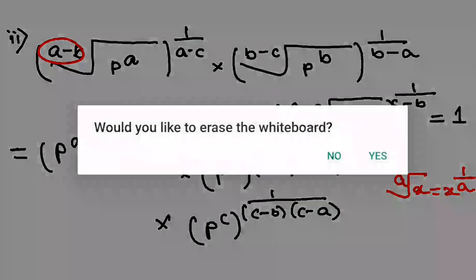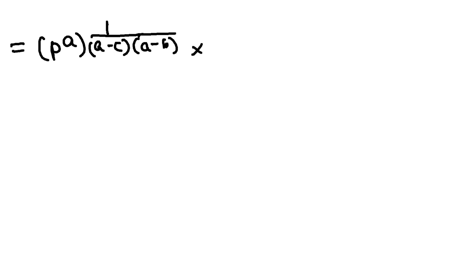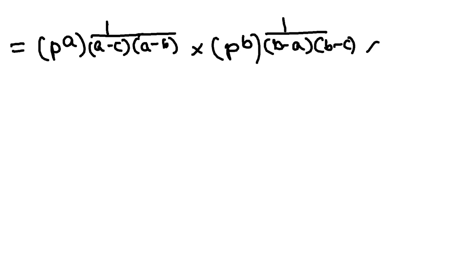Okay, so let's take a fresh page. What I have now is p to the power a whole to the power 1 by a minus c into a minus b, into p to the power b whole to the power 1 by b minus a into b minus c, and into p to the power c whole to the power 1 by c minus b into c minus a.